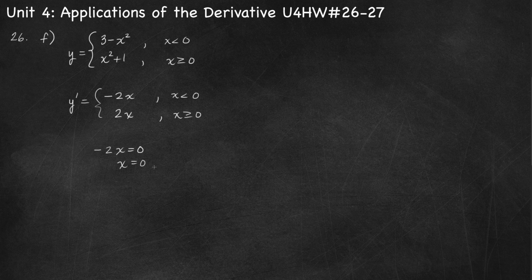That's possibly problematic because x equals 0 is right where the domain splits in my piecewise function. So in order for the derivative to exist at x equals 0, we have to check and make sure that this is differentiable at 0. So we have to look at the limit of the derivative as we approach 0 from the left side and the right side to make sure that this is differentiable.